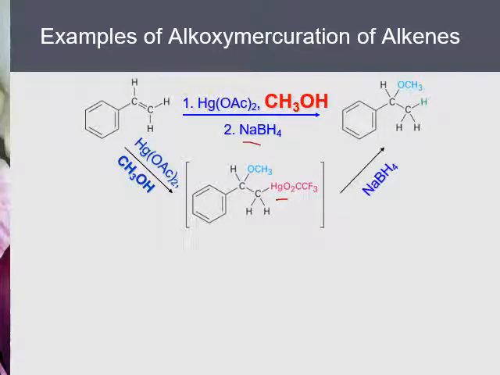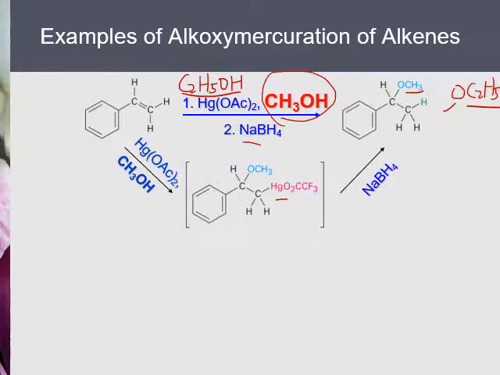And note that when we use methanol as the alcohol, the product is a methyl ether. Suppose we want to make an ethyl ether, C2H5. Then the alcohol should change to ethyl alcohol.